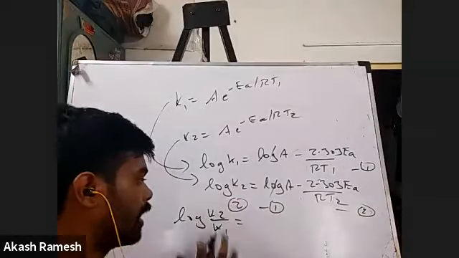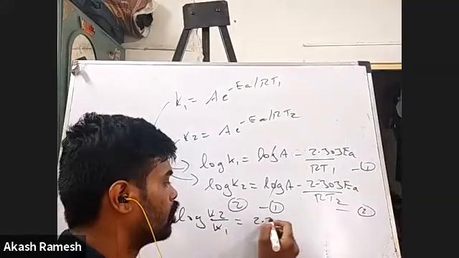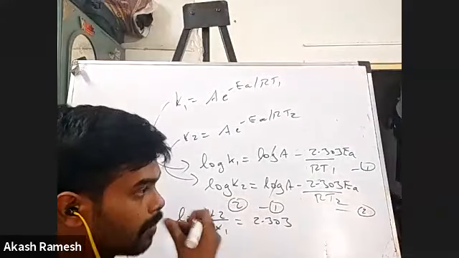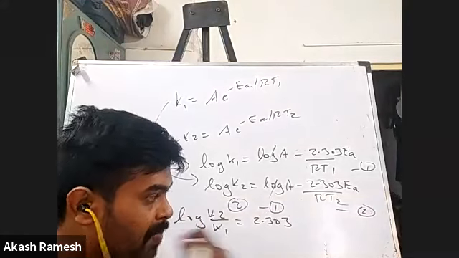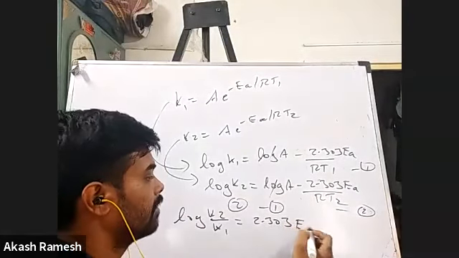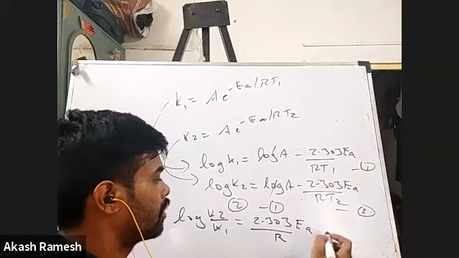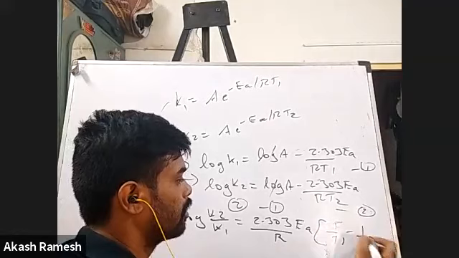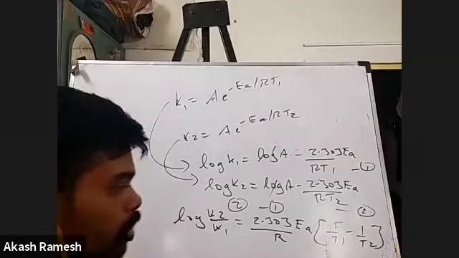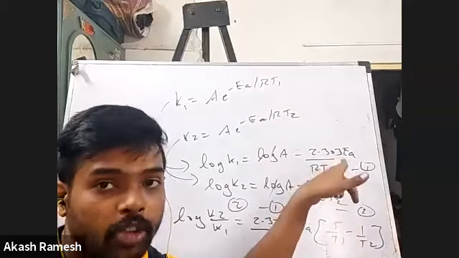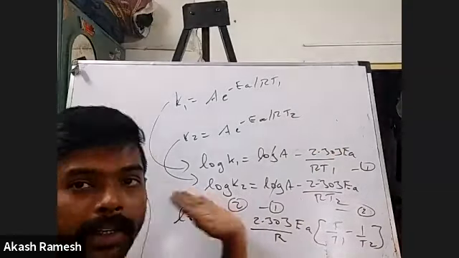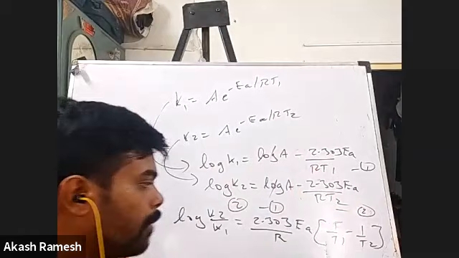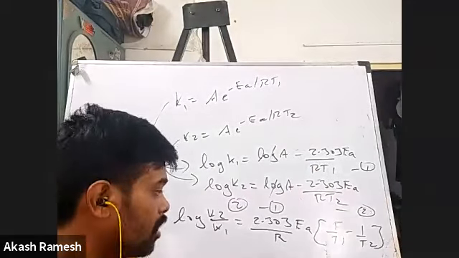So you'll get log K2 by K1 is equal to 2.303 Ea by R into 1 by T1 minus 1 by T2. So basically it should have been 1 by T2 minus 1 by T1, but I have just multiplied the negative sign inside, right? So it would be 1 by T1 minus 1 by T2.